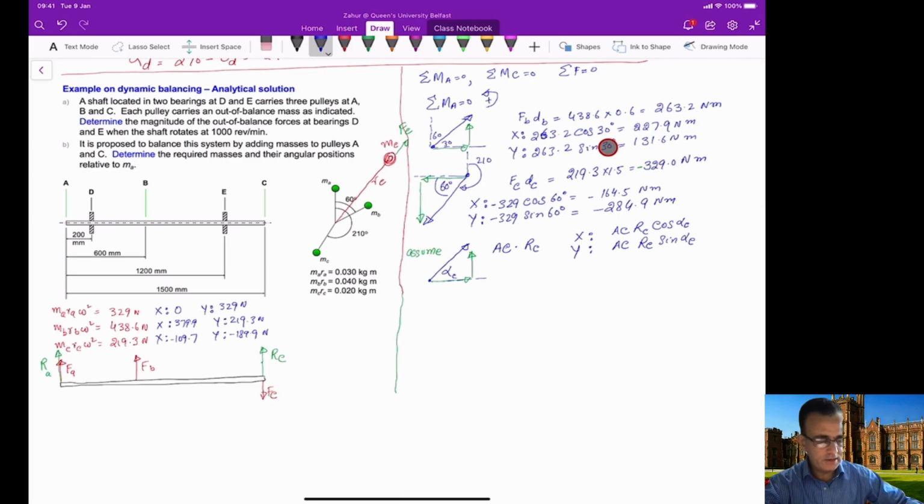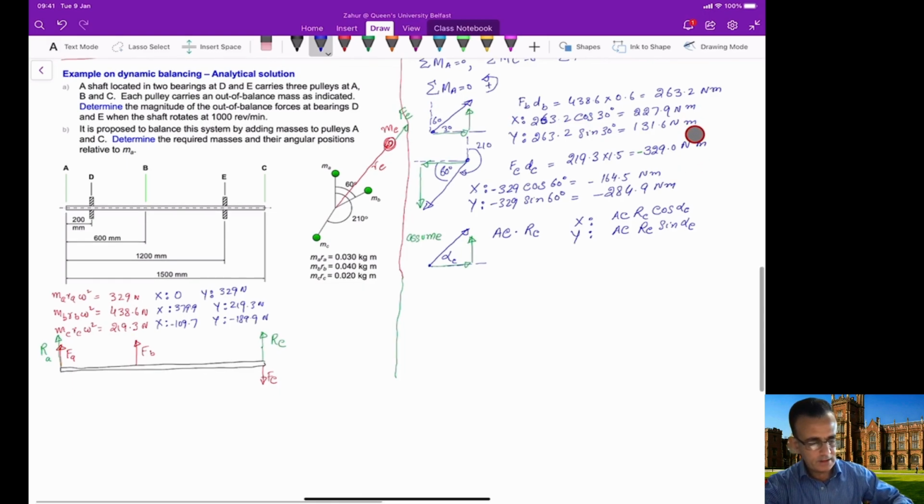So now we can apply the condition, and we will calculate the values of this RC and AC, because we know AC, which is 1.5 in this case.